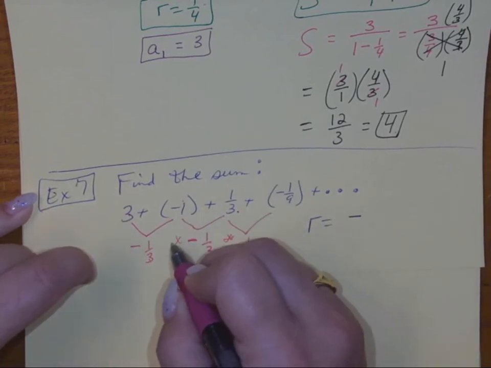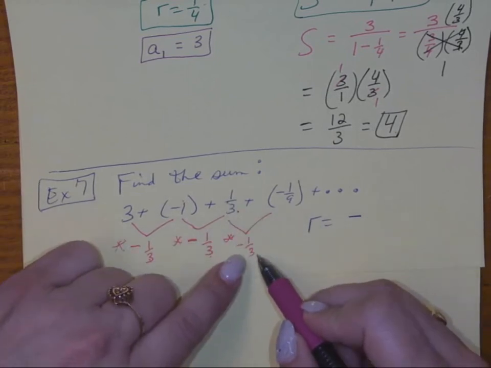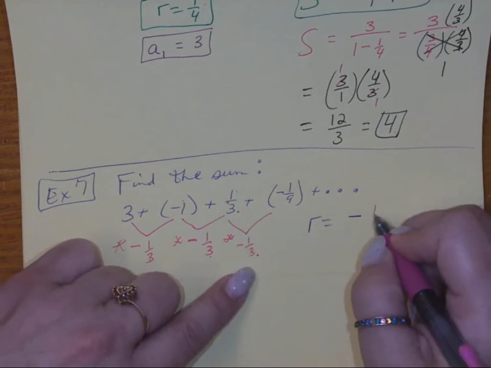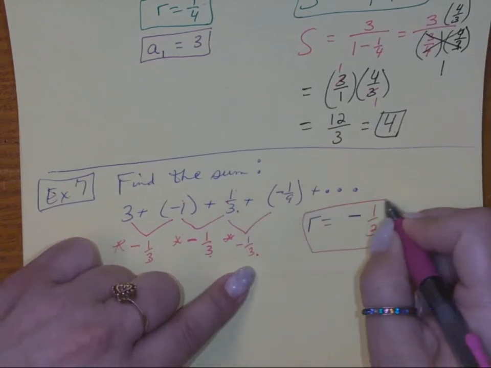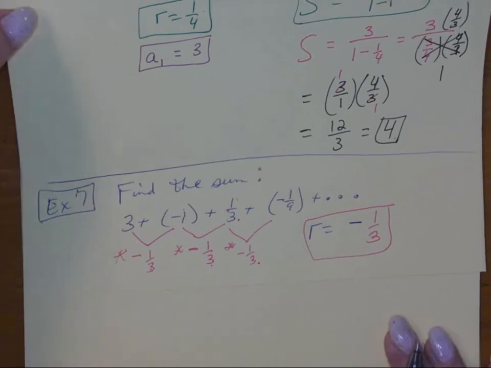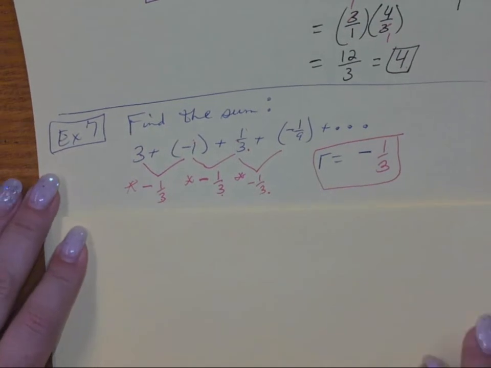So these are all times 1/3 times negative 1/3 gives me a negative 1/9. Yeah, that's working. Okay, so my ratio is negative 1/3. So we're going to have to be a little careful with our negative signs. But that's not that big of a deal, right? We can deal with a stinking negative sign. No worries.